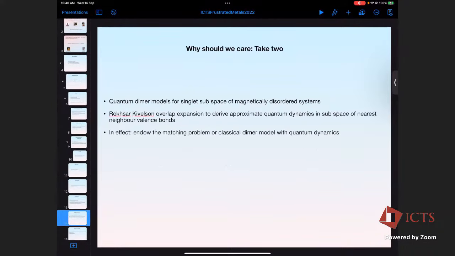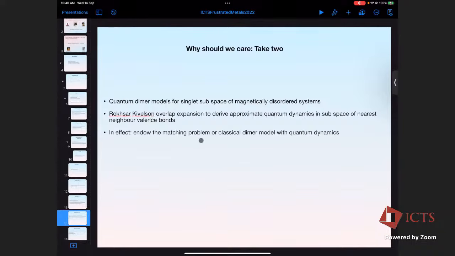So going further along those lines, why should we care? Well, as I said, you have this connection, and this connection was anyway used extensively by Rokhsar and Kivelson, who developed this overlap expansion that tries to approximate the quantum dynamics in the singlet subspace of antiferromagnets by working with nearest neighbor valence bonds and writing down a dynamics for the nearest neighbor valence bonds.